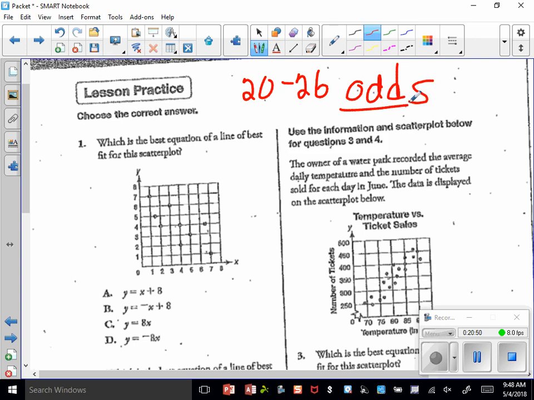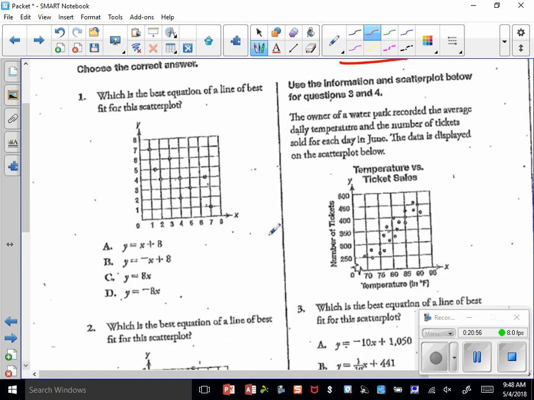Now, I'm going to start you off with this one here, because a lot of these are like practice SOL questions. I do want you to use some reasoning skills. Okay, so what do I mean by that? Some of this you can just say, okay, I'm looking at all of these dots.